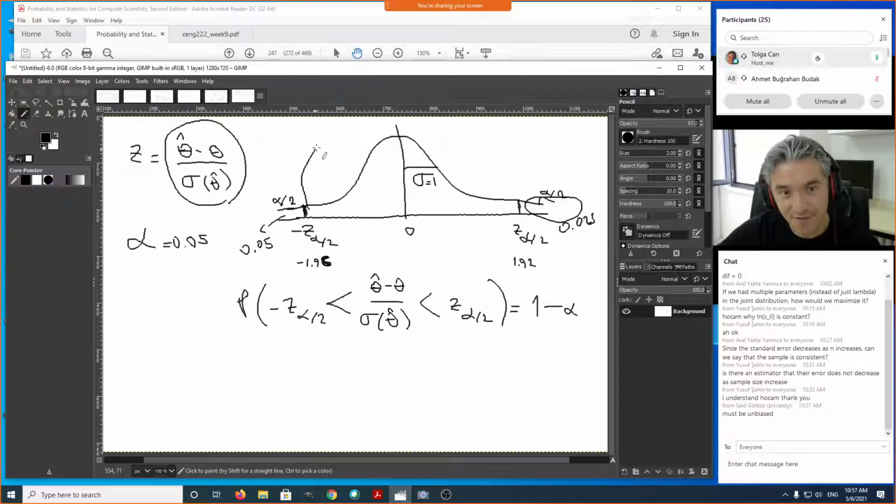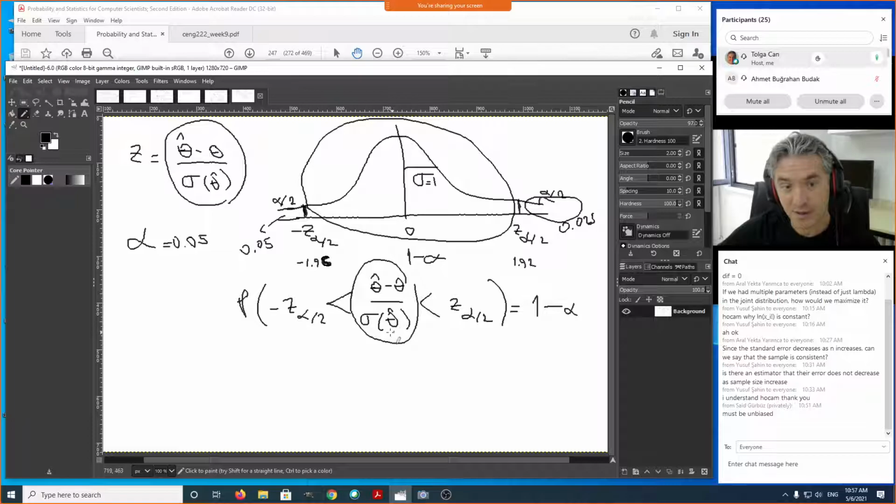So what is the area under the curve here? It's 1 minus alpha, right? So the probability that our standard random variable is between these two things is going to be 1 minus alpha, which is 0.95 here.